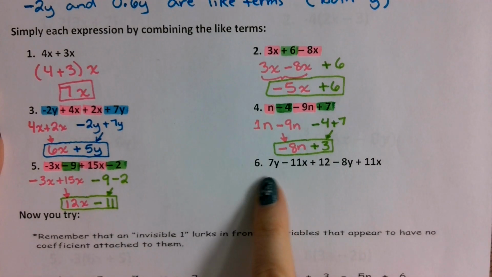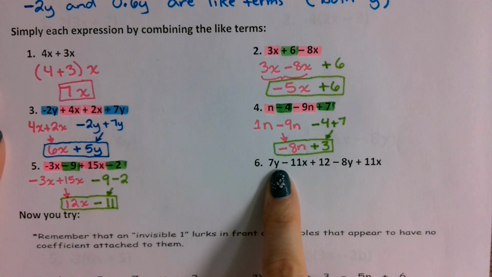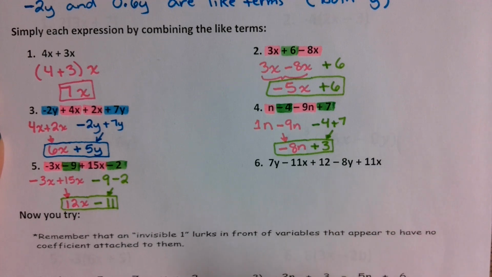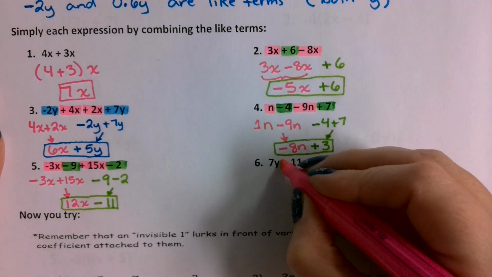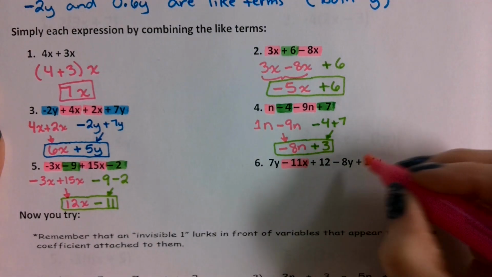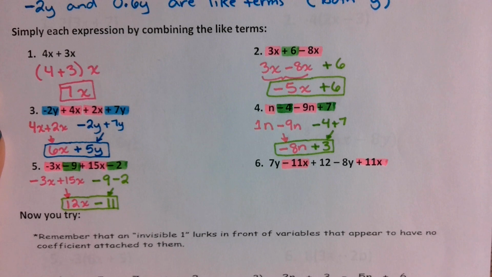All right, problem 6. We have multiple different kinds of variables. So which variable do I focus on first? Somebody new. Lucas. X. The x. Very good. So my x terms are going to be negative 11x and a positive 11x.